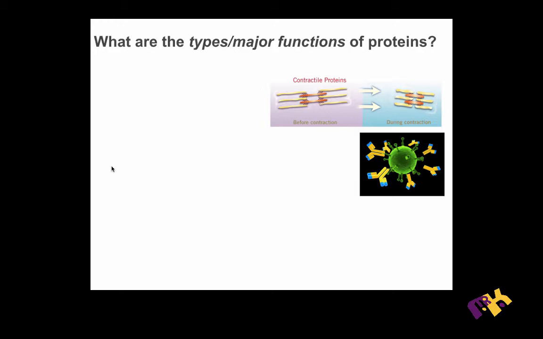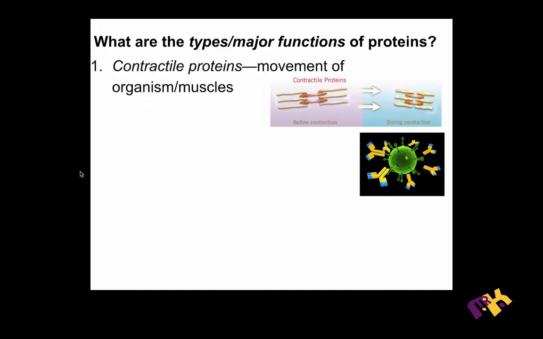Okay, so the types or major functions of proteins, sometimes noted as the classes of proteins. Right, but we can call them major types or functions as well. The first type are contractile proteins, just like it sounds. Your muscles contract and relax to provide movement. That's what these proteins are.